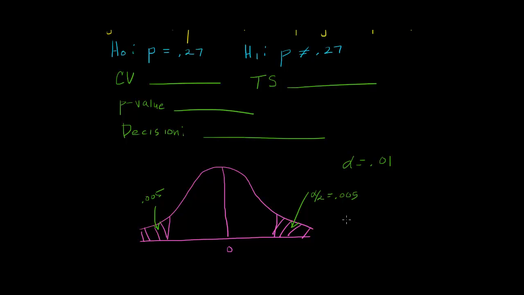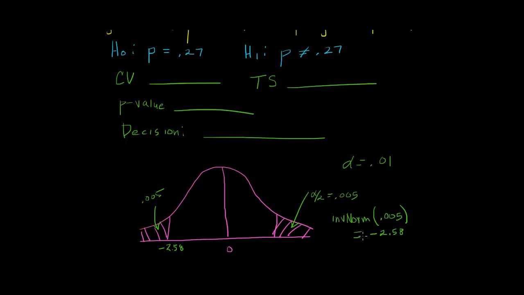Okay, so now we use the inverse norm function, and to find this one, area to the left is 0.005, we would expect to get a negative z-score, and you do. Rounded to 2 decimal places, you get negative 2.58. So this critical value is negative 2.58.